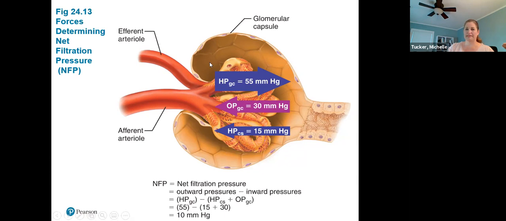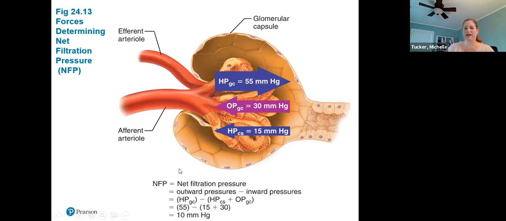So you should be able to identify these numbers and what they could belong to. Hydrostatic pressure is always going to be the highest for the glomerular capillaries. Okay, so that push, it's got to be the largest number. This osmotic pressure usually stays pretty constant at 30, and that leaves the lowest one is hydrostatic of the capsular space.